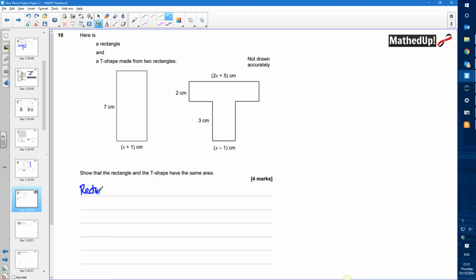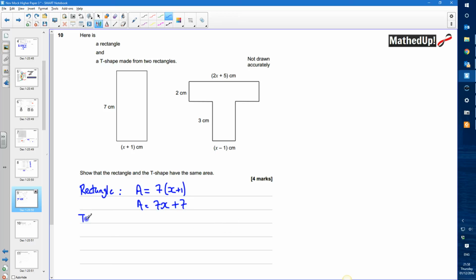So for the area of the rectangle, we'll write it as an equation. The area is going to be equal to 7 times (x plus 1). So 7 times (x plus 1). So my area is going to be equal to 7x plus 7.